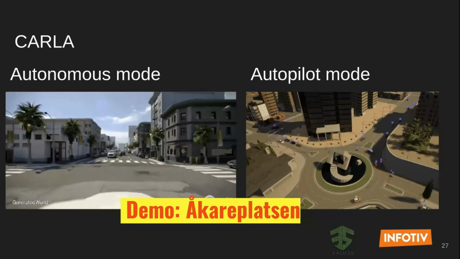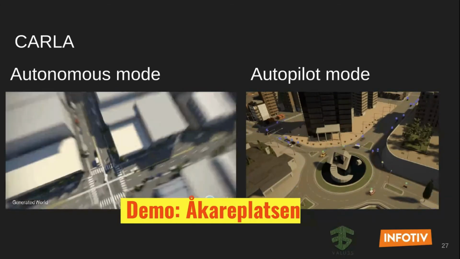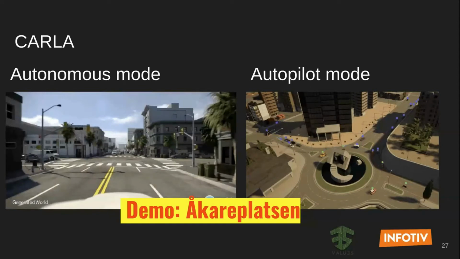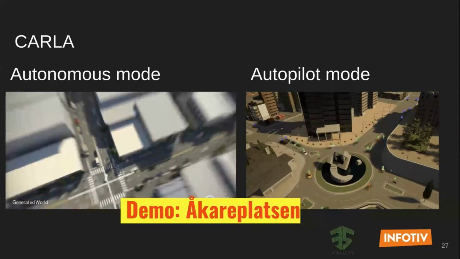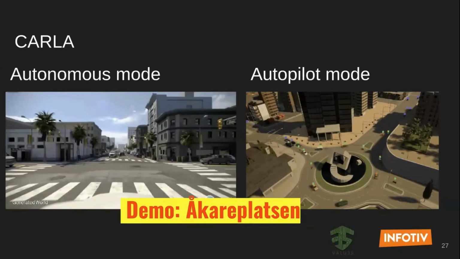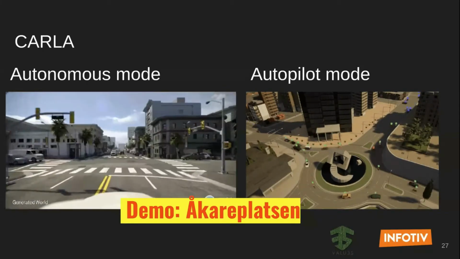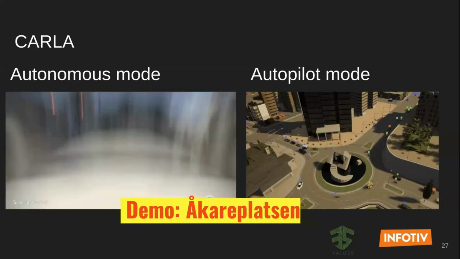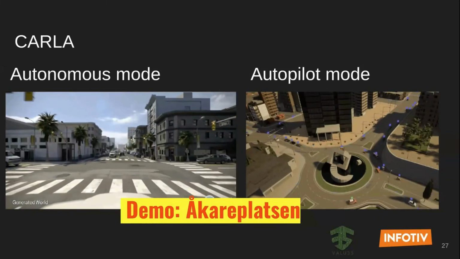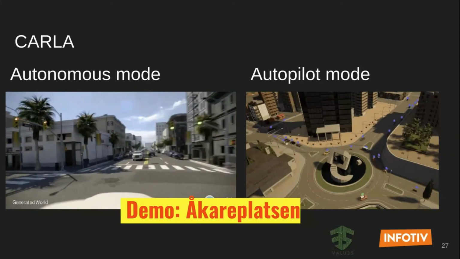There is a God agent that knows everything and controls all the actors, and decides where each car or agent should go, when they should press the brake pedal, and how they should behave. So one God agent controls everything.